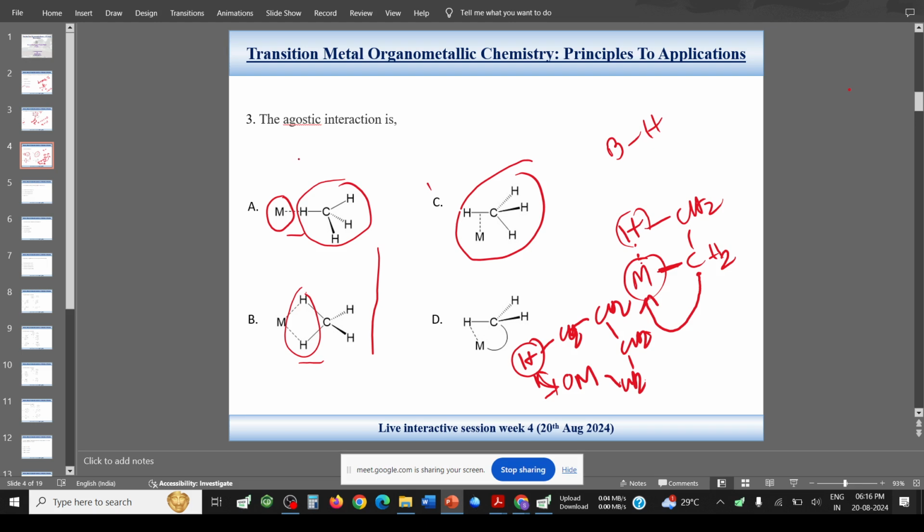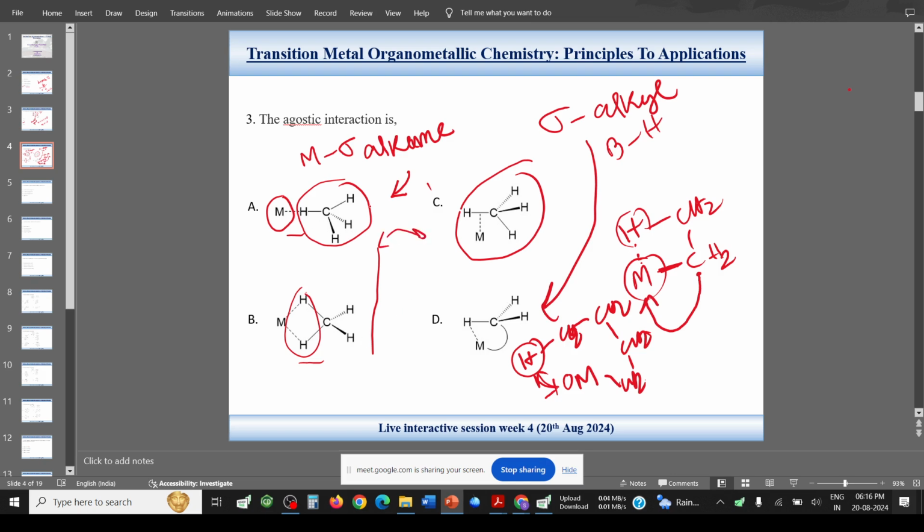This is called the metal sigma alkane. This is alkane, these three types of interaction, not sigma alkyl. This one is sigma alkyl complex. So these three are representative examples of A, B and C sigma alkane interaction in the complex.